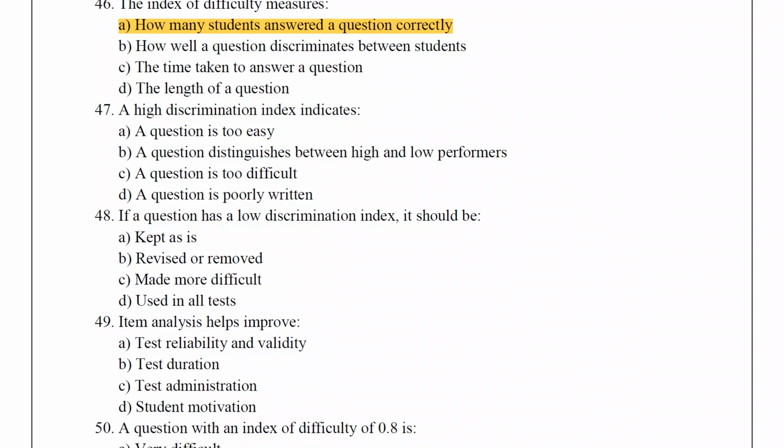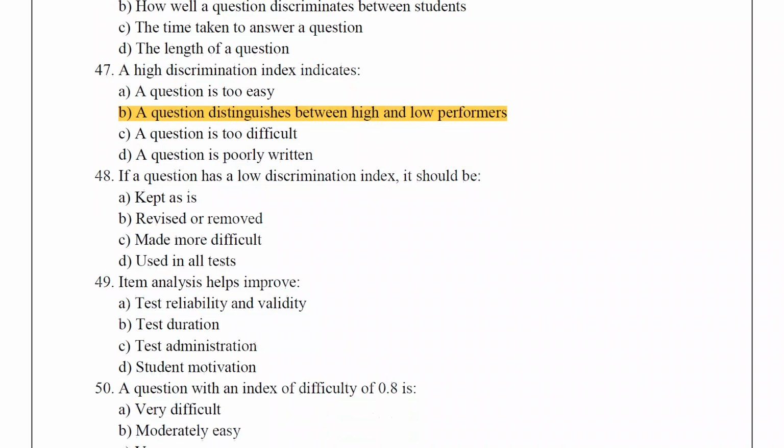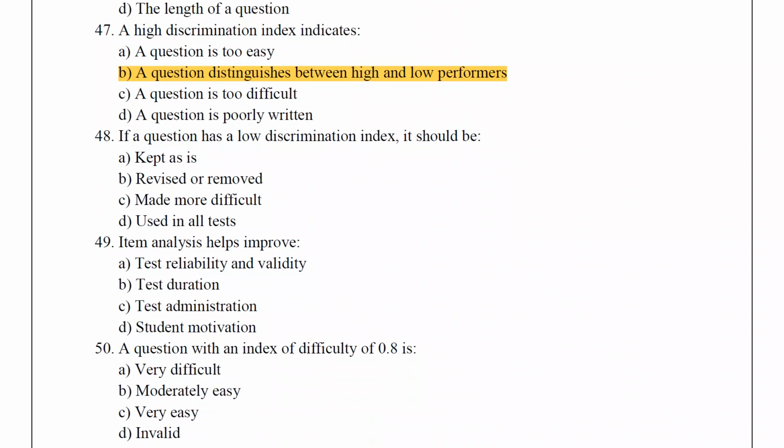A high discrimination index indicates a question distinguishes between high and low performers. If a question has a low discrimination index, it should be revised or removed.